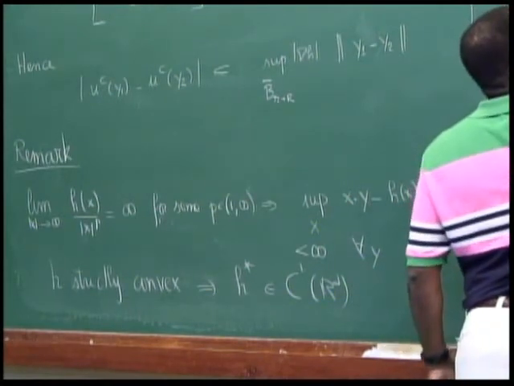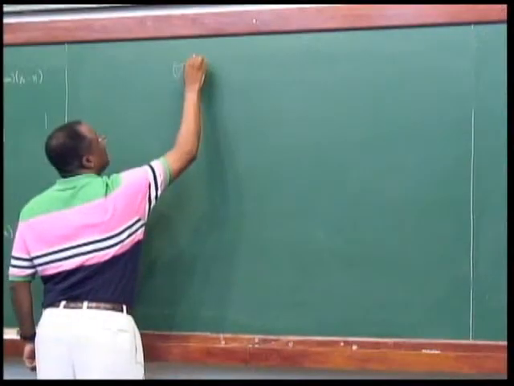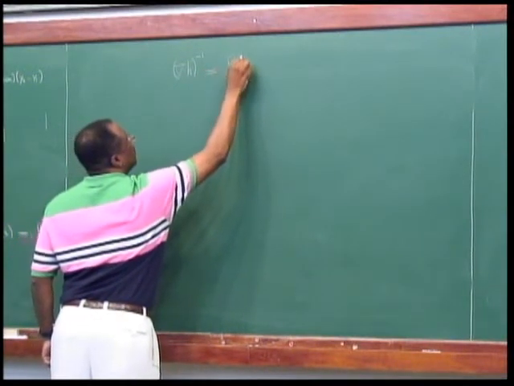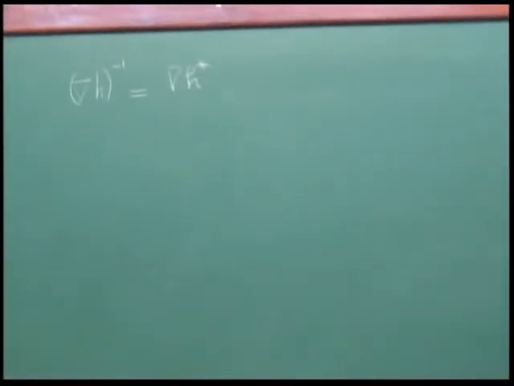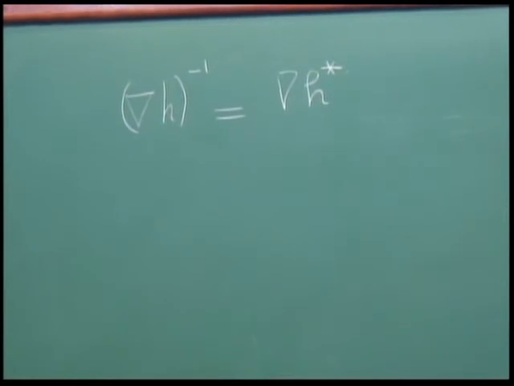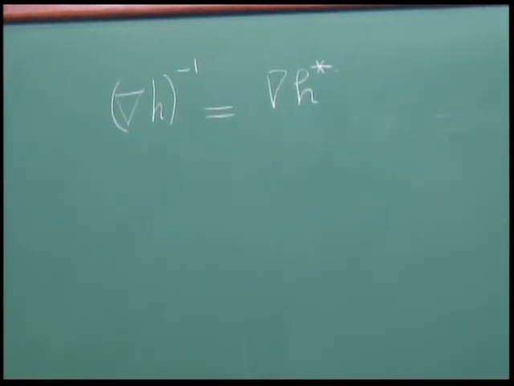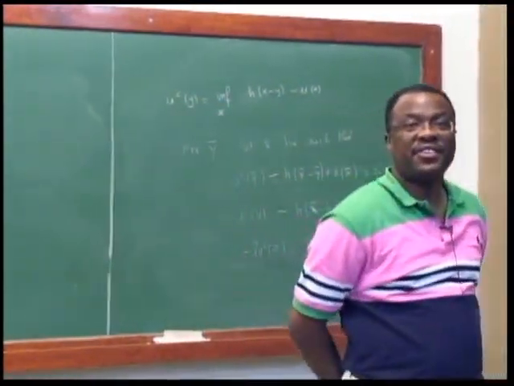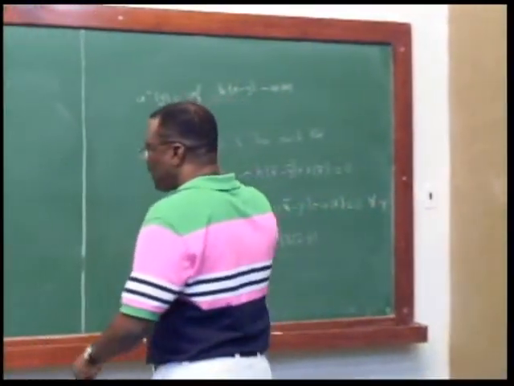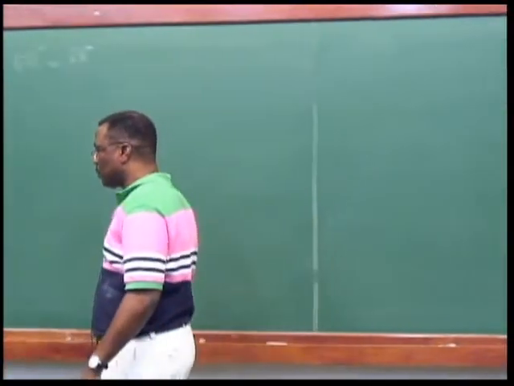These two imply that the inverse of the gradient of H is the gradient of H star. And so you see that the inverse of the gradient of H is a continuous function. So not only is the inverse defined, it is a continuous function. This means that in this equality, I can invert the gradient of H and determine x bar uniquely. So let me state this theorem and prove it.